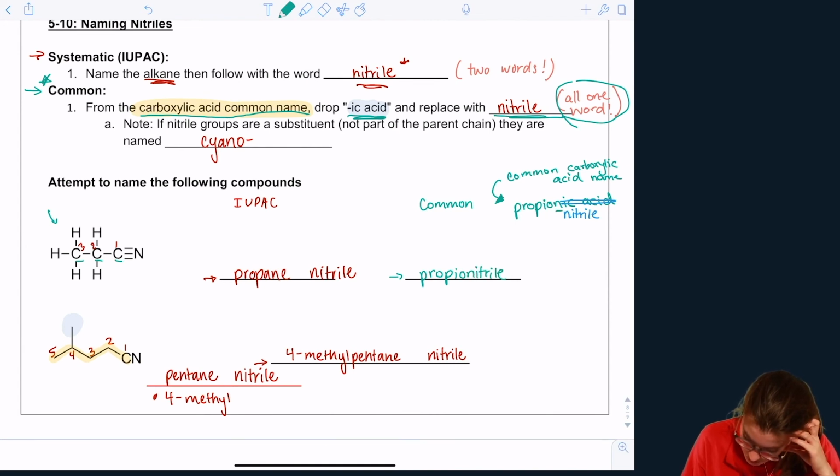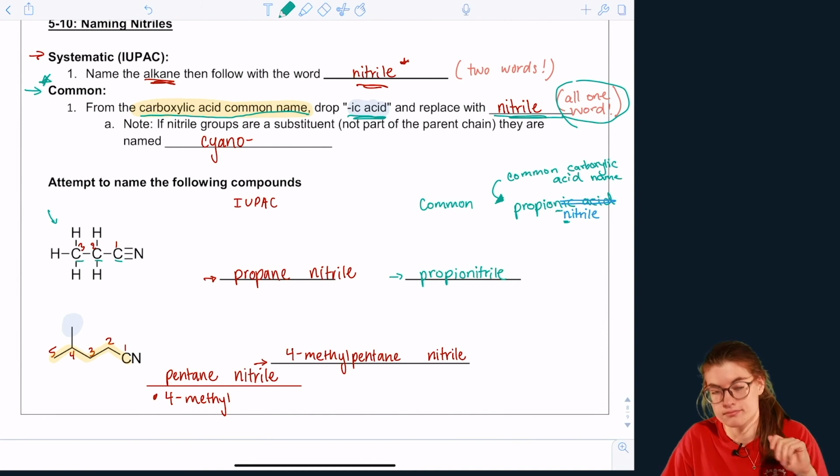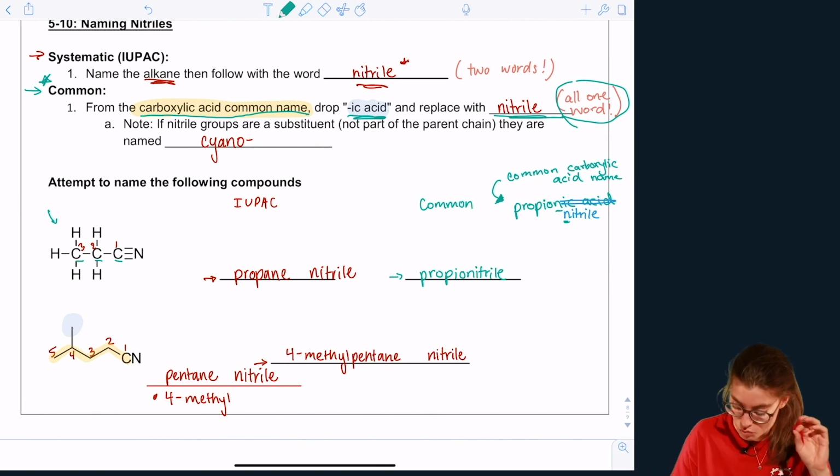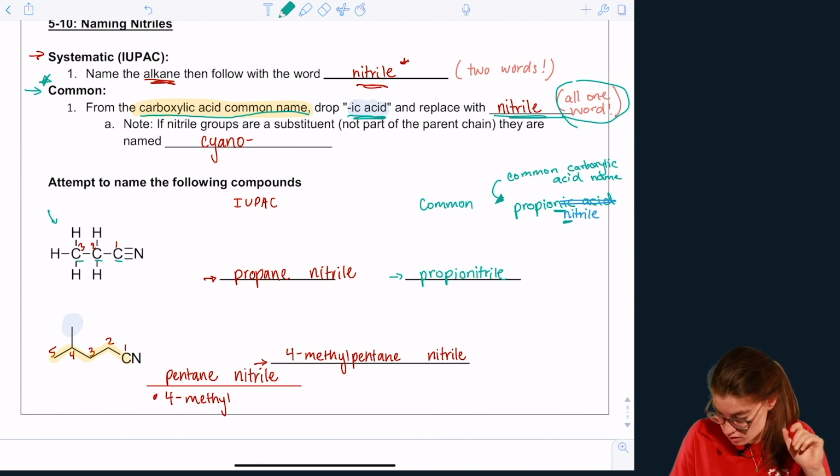Notice in this case, you're not going to have 2 N's next to each other. I don't know the official rules why we get rid of 1 N, but I think it's because having 2 consonants next to each other, especially since they're the same letter, they don't want to do that. So in this case, we're only going to put in 1 N. The N from the propion is going to be the same as the nitrile. But that's the only one that you will have that issue with, okay?